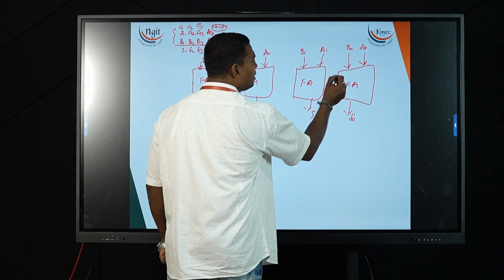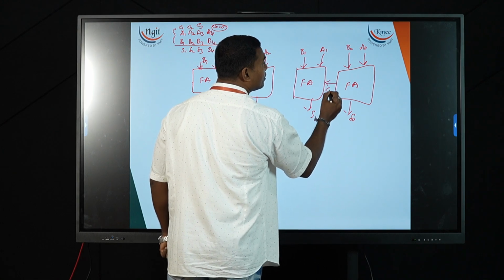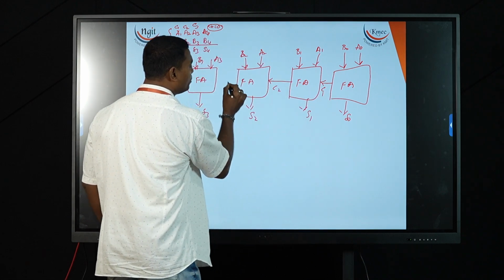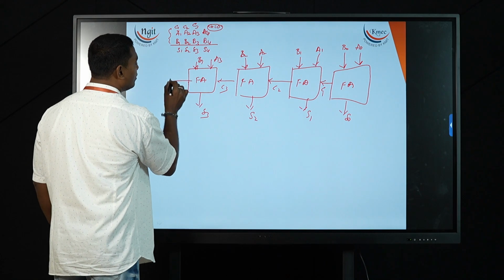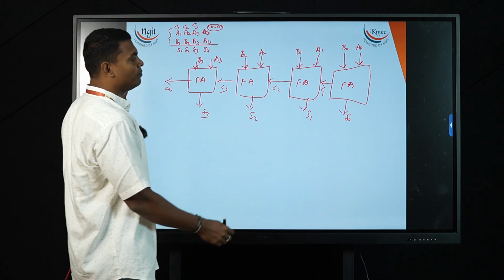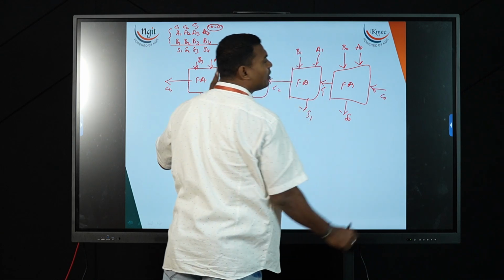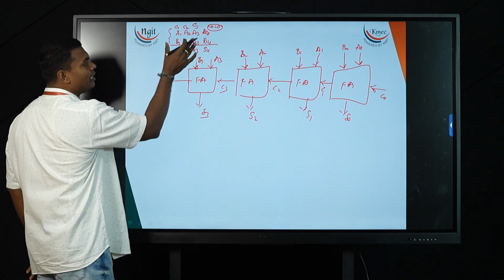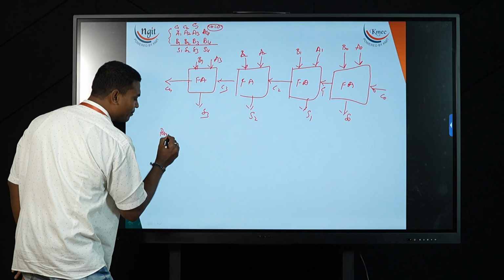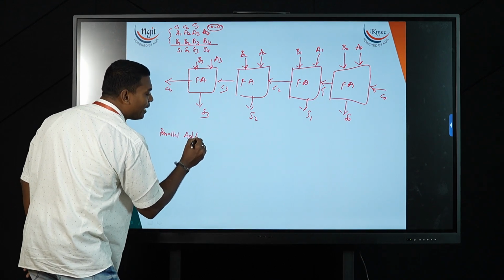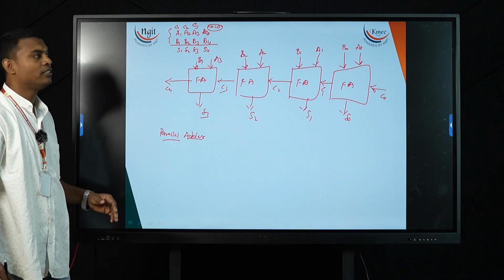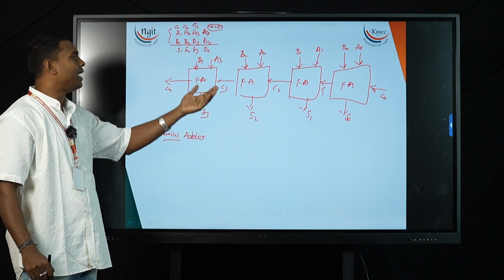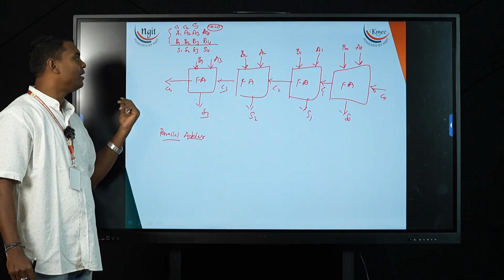These combinations might give me C1, C2, C3, and C4, but I am fixing C0 as permanent. These kinds of additions I call parallel addition, or a parallel adder, or cascaded full adders. We use these combinations to add a 4-bit number. If it is an n-bit number, I require n full adders to generate my sum value as well as carry value.